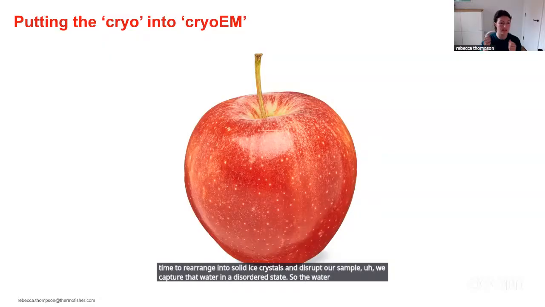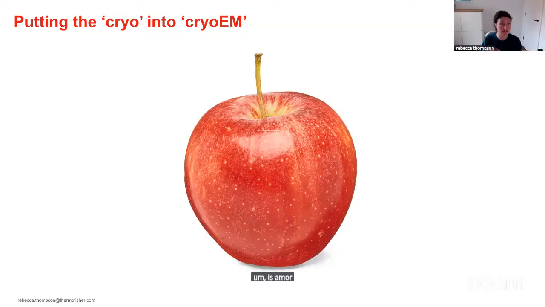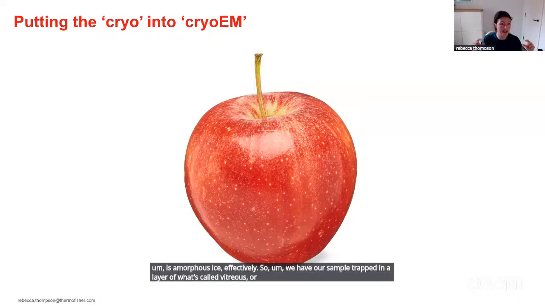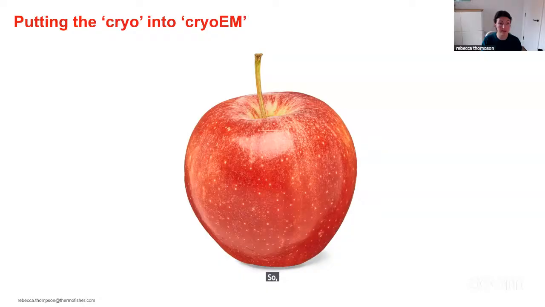So the solid that's formed is amorphous ice, effectively. So we have our sample trapped in a layer of what's called vitreous or glassy ice. So we need to freeze our sample to cryogenic temperatures very quickly.